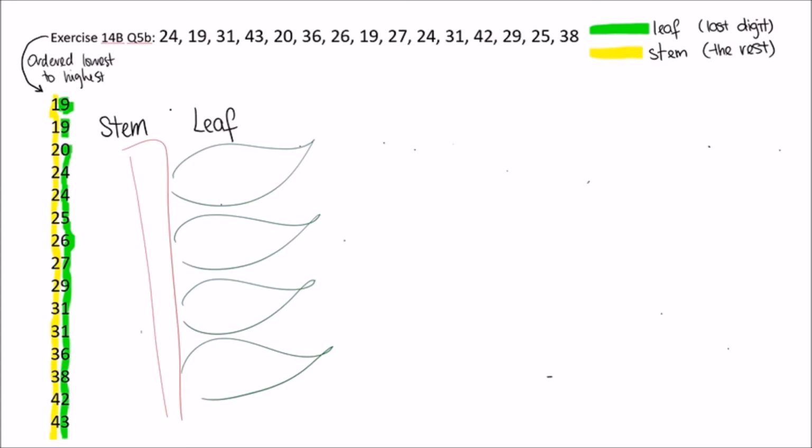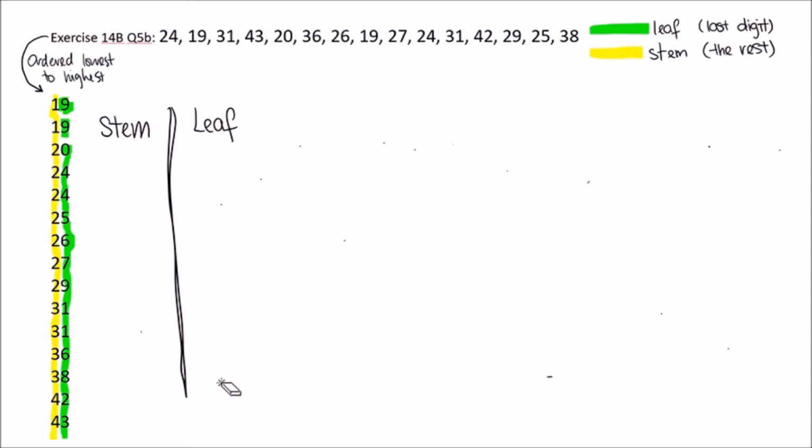So I'm going to draw a line that separates our stem and leaf, just so you can tell. Okay, there. Because it's maths and we're trying to make everything simpler, we are going to get rid of the drawings and just keep the main features. So that's the stem, the leaf, and the line in the middle that divides them.